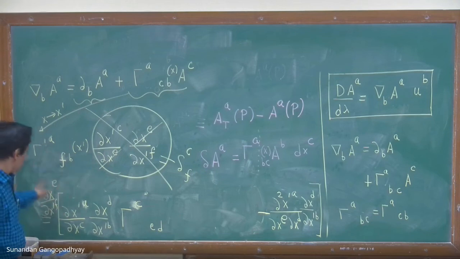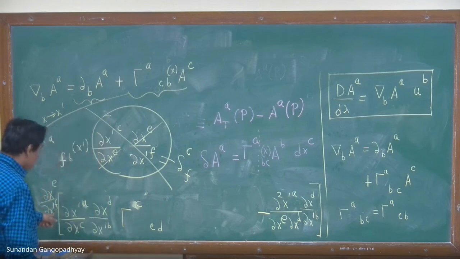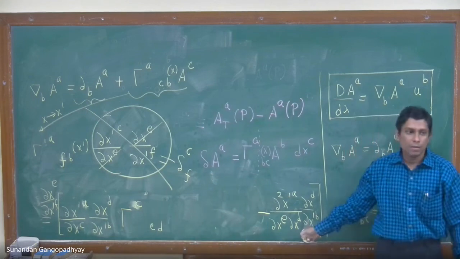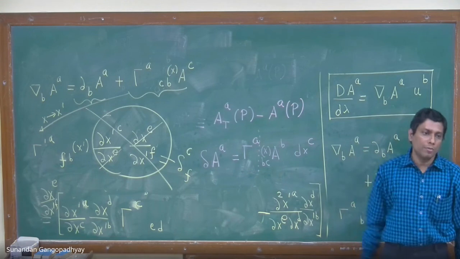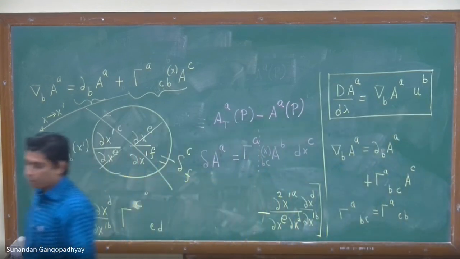This thing is equal to this thing. But then you have del x E del x prime F also multiplied by this. So that gives you the full transformation property of the Christoffel connection, and you can see that this term spoils the tensorial property of gamma.